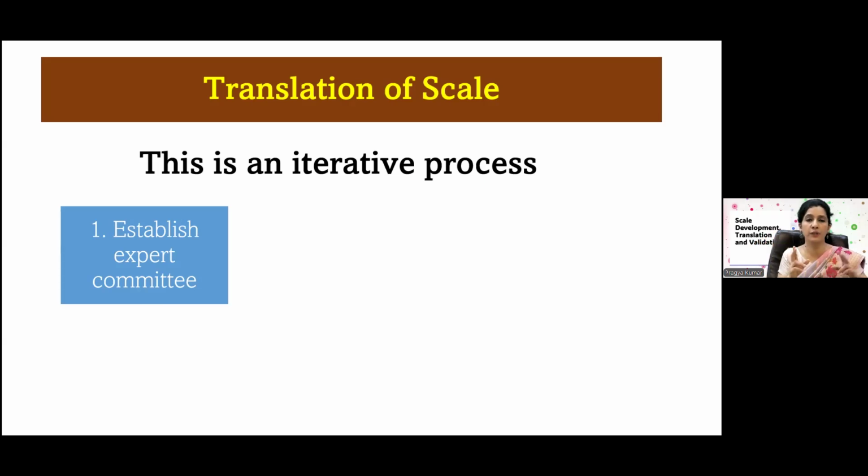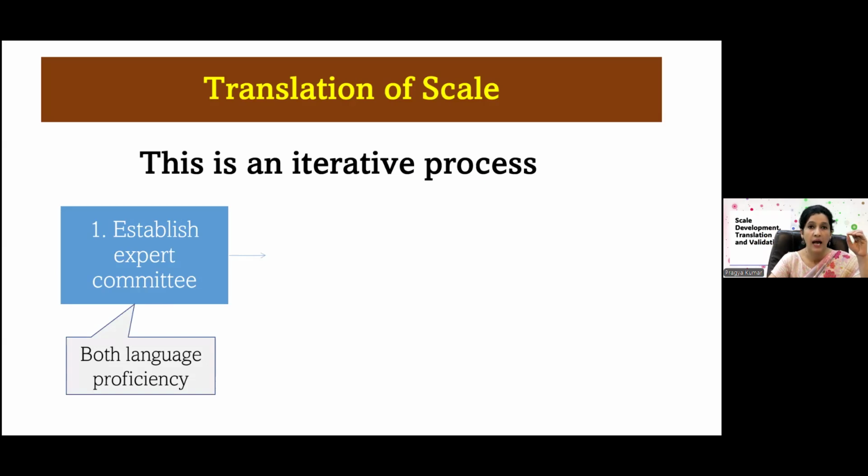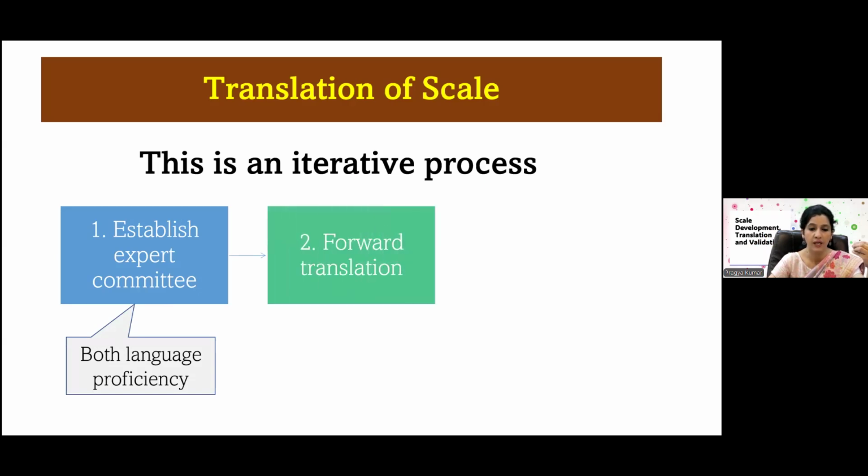And you need 2 people to do the translation, one for the forward translation and another for the backward translation. So at least 4 people are required in that expert committee. And the people whom you select should have bilingual capacity. They should have language proficiency. That's a very important criterion.